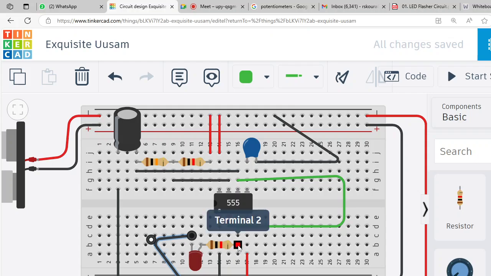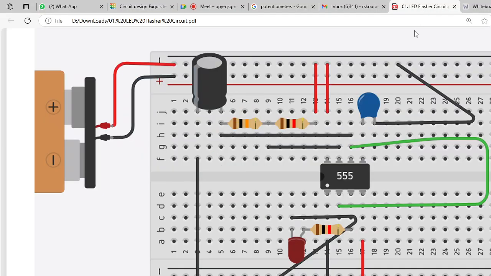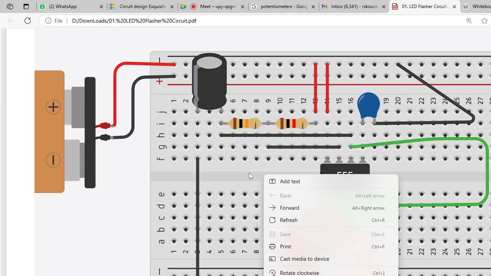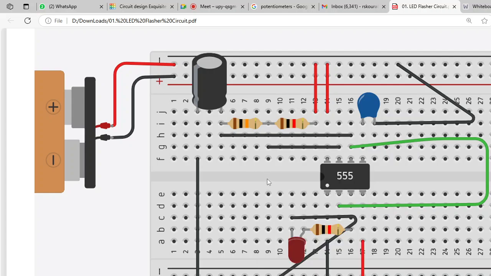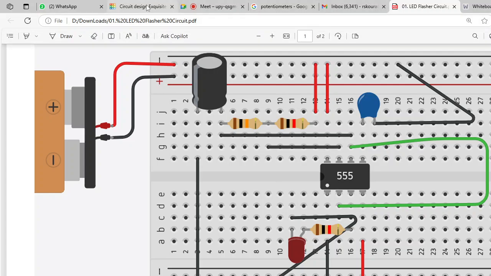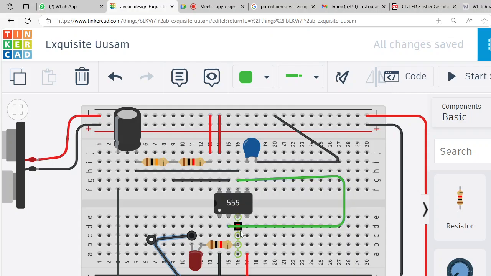This part of the resistance is connected to terminal 3, pin 3, but not connected to anything. Let us see what it was supposed to be connected to. It is connected, right? It is connected to pin 3. Pin 3 का जो output है, that is coming through the resistance and going into. Let me change this. From here, it is going to.